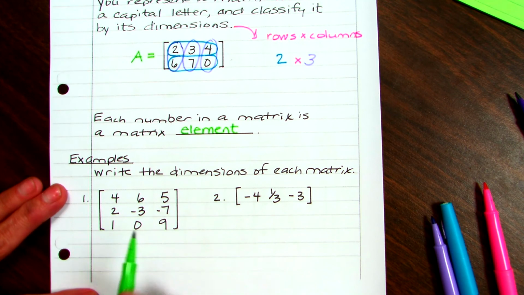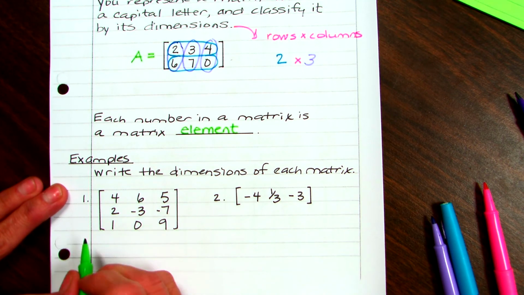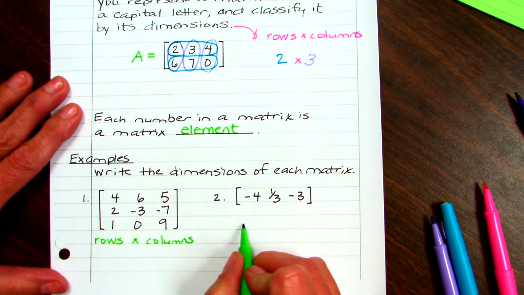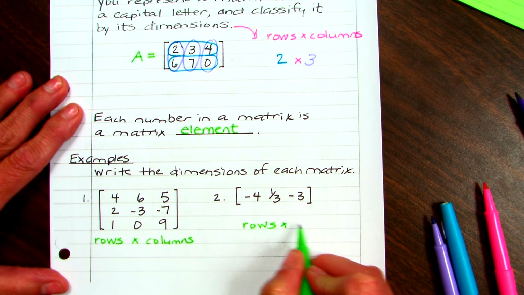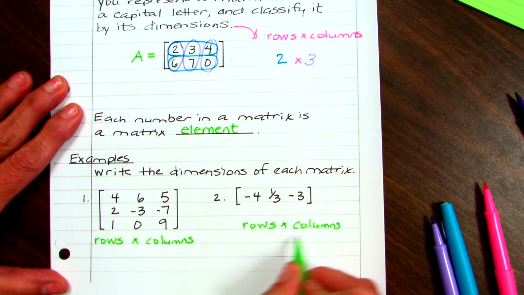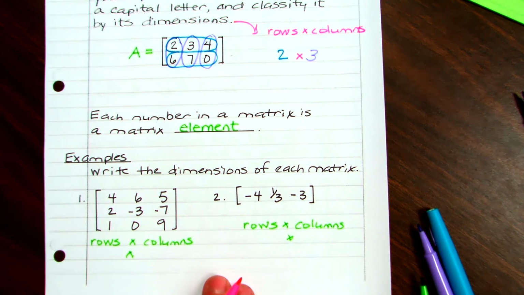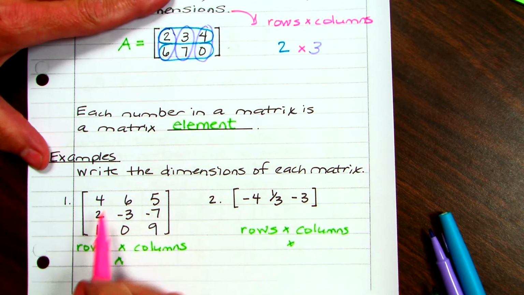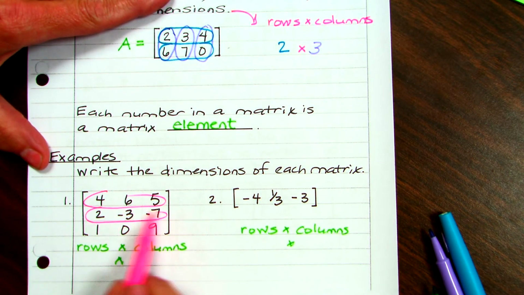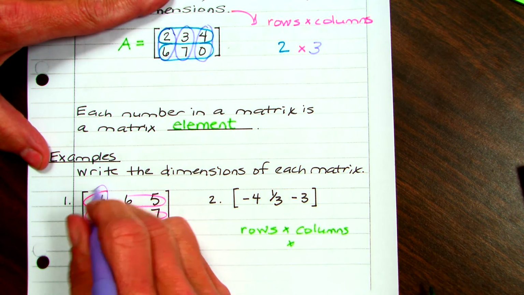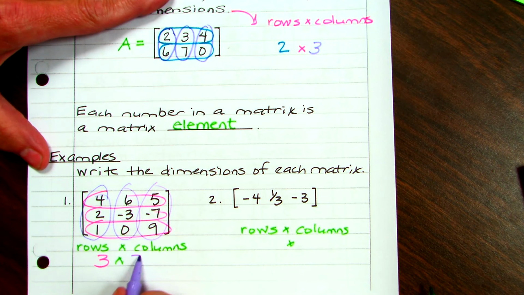So let's see if you know how to determine the dimensions. Remember, dimensions are rows by columns. So if I look at example 1, I have 1, 2, 3 rows. And here I have 1, 2, 3 columns. So that's a 3 by 3 matrix.